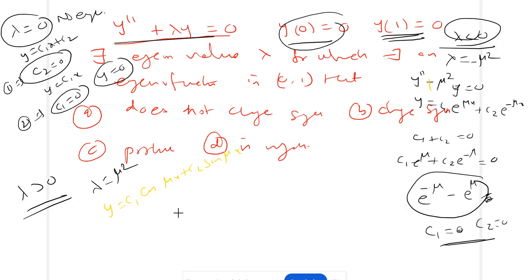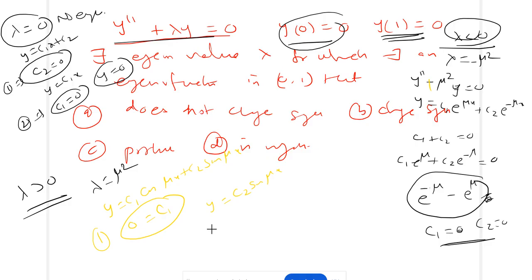Applying the first condition, substituting 0 for y and 0 for x, c1 becomes 0. With c1 equal to 0, y equal to c2 sin mu x.